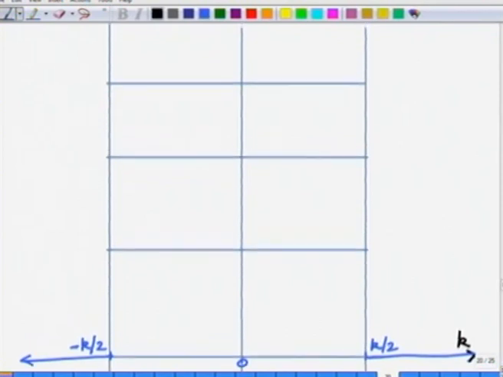Remember, let me first plot the energy curves. So, energy curves are of two kinds. I have already talked about this. So, let us say the energy curves are something like this. There is one shape and the other shape. I am not looking at the scale, I am just showing you the shape of these curves.